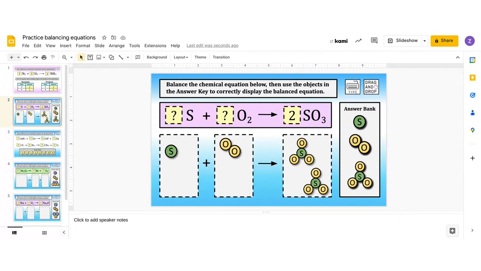3. Right. So drag over 2 more of those oxygens. Okay. And then what are you going to put in front of that O2, the question mark? 3. Yeah.